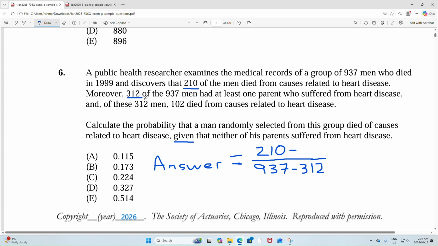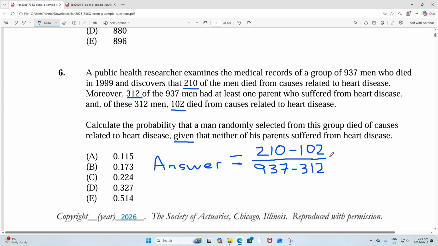And we know that of the 312 who had at least one parent suffer from heart disease, 102 of those died from causes related to heart disease. So if we subtract out the 102, that will leave us precisely with the number of people in the group who did die from causes related to heart disease and in fact had neither parent suffer from heart disease.